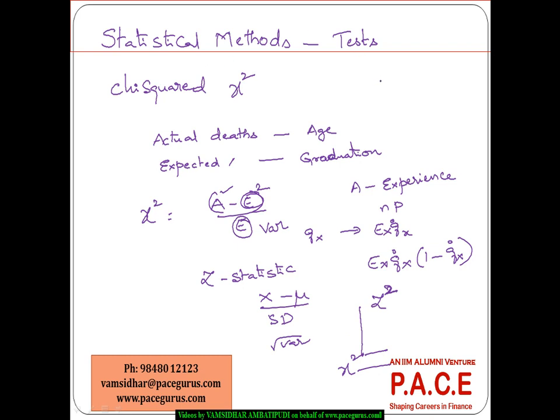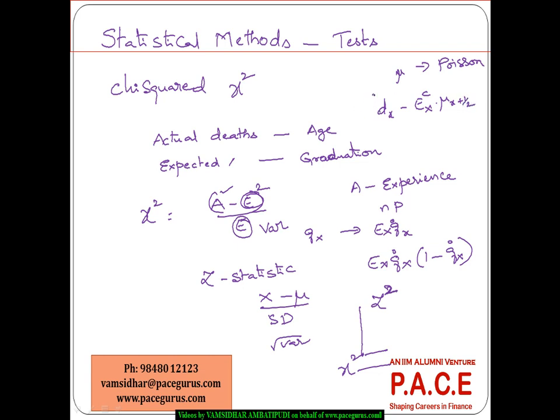Or similarly, if I am using mu instead of q, then we are looking at the actual number of deaths, and it is going with respect to the Poisson distribution. So the expected value with respect to the Poisson distribution is central exposed to risk multiplied by mu x plus half.